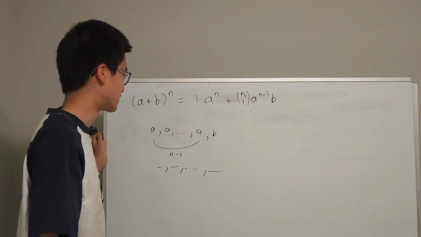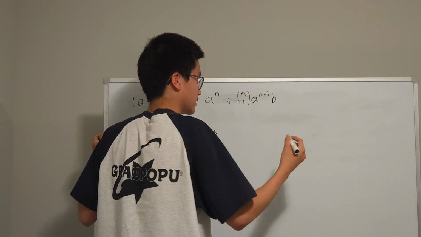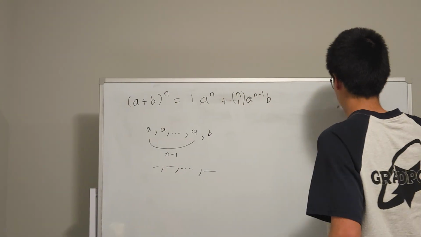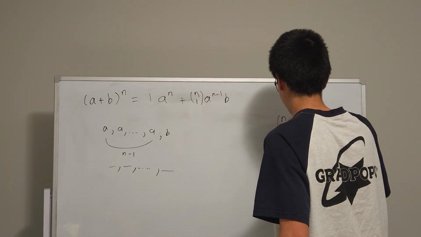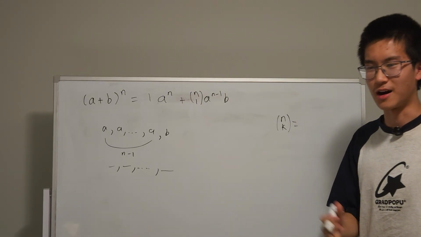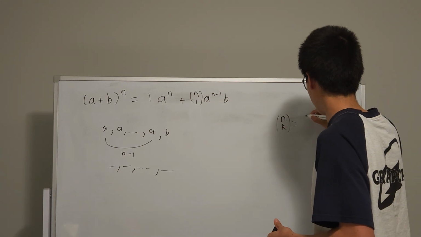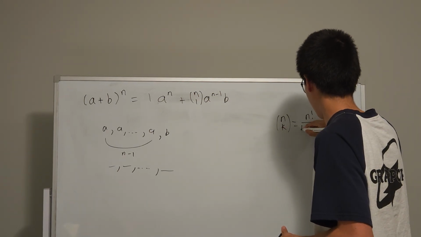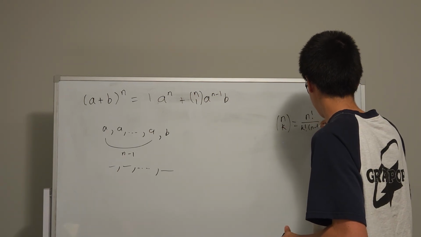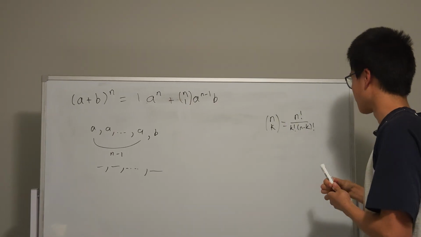So let's say right here, n choose k. This means if you have n objects, how many ways are there to choose k of them, right? And this equals this.